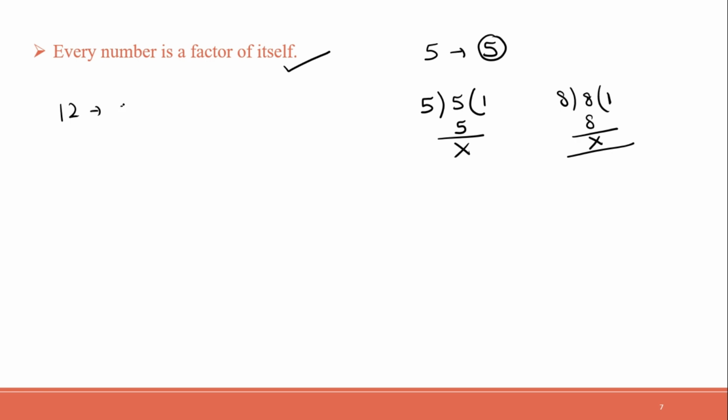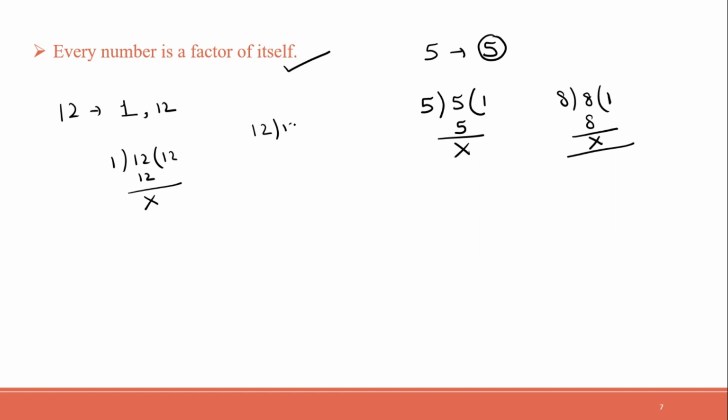So the two factors will be 1 and 12 itself, because 12 is divisible by 1 as well as 12. Let's check. 1 into 12 is 12, if I am dividing this 12 with 1. So 1 into 12 is 12 and no remainder left. That means 1 can exactly divide this 12 and we are having no remainder left, right?